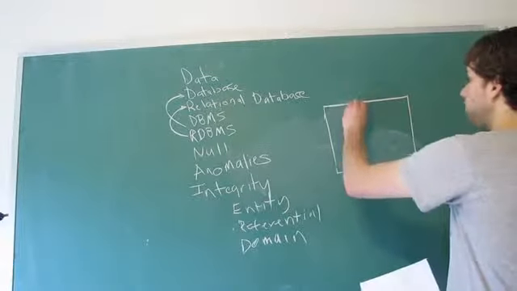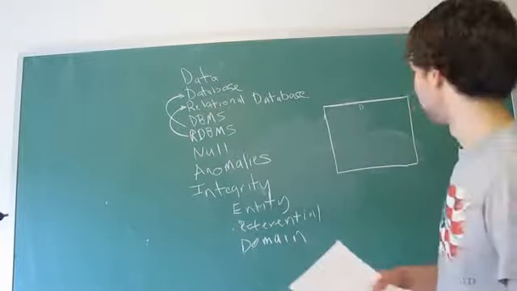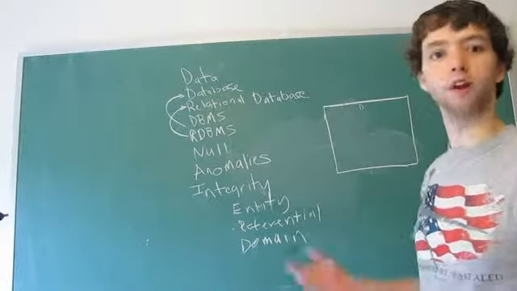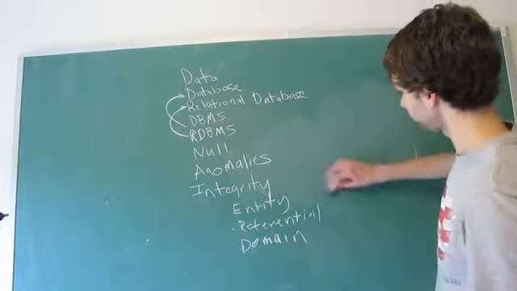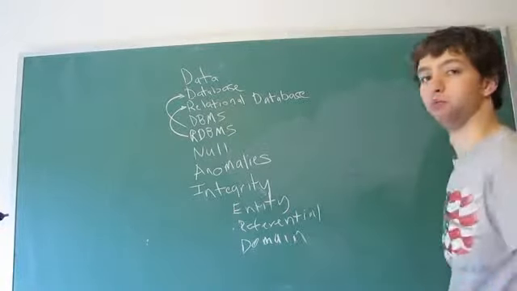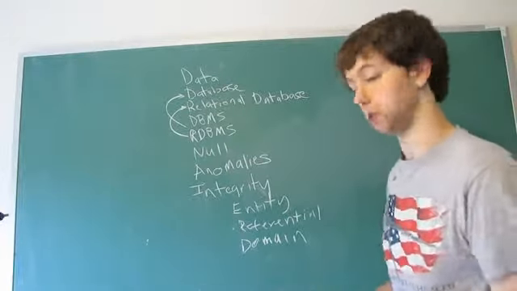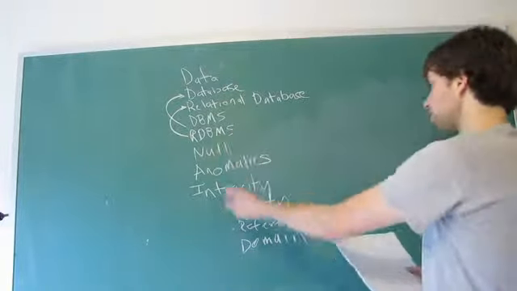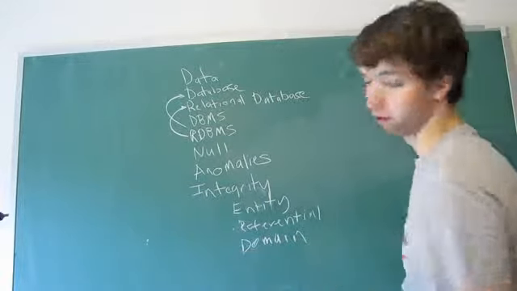So if we have a phone number, we would expect numbers, not text, or not a date. That is domain integrity. And the word domain is basically the range of values that are acceptable to store within a column. So these are our data vocabulary that you should know.